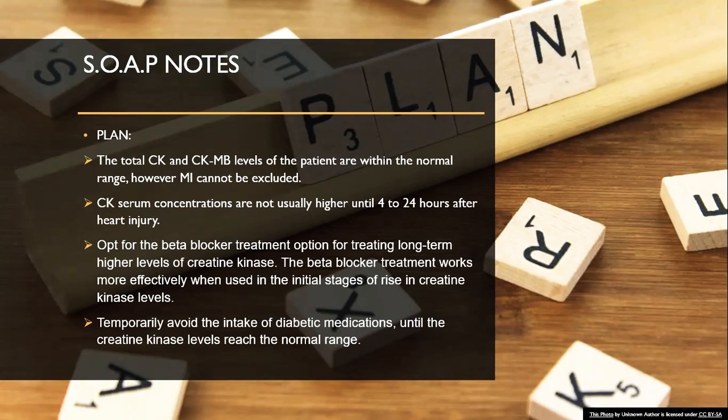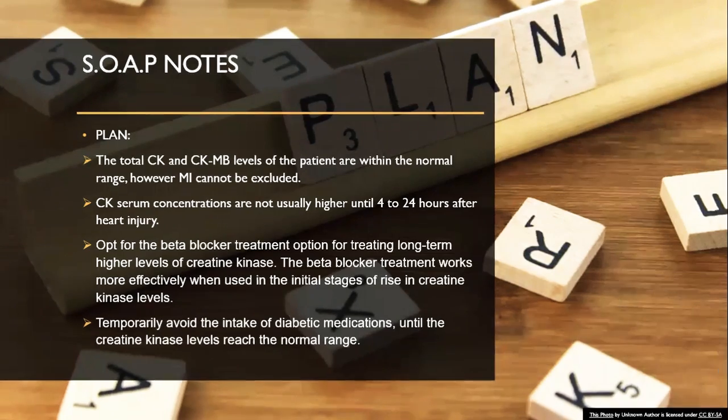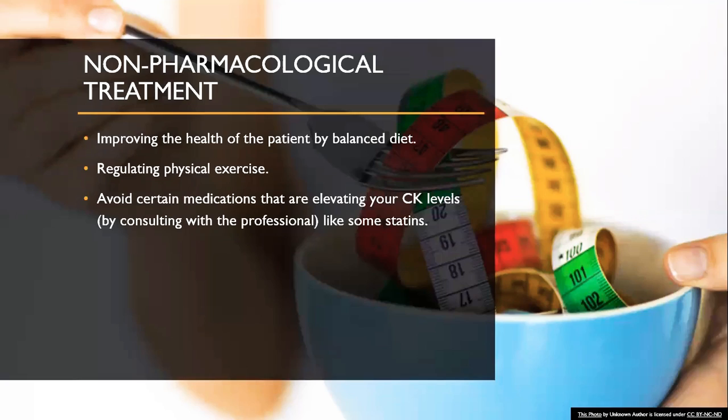We must first suggest that the patient take a beta blocker for managing her long-term levels of creatine kinase so that they may not increase, and decrease the chances of a chronic myocardial infarction. The patient must temporarily avoid the intake of diabetic medications until the creatine kinase levels reach the normal range, if they reach a higher stage.